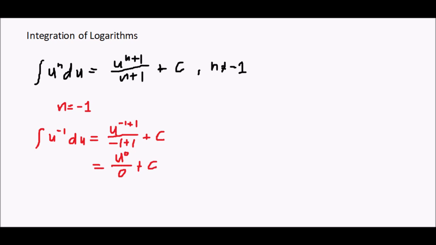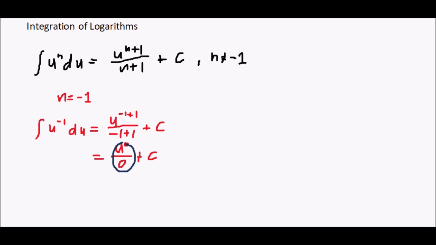So what will happen now to this expression, or to this function? That is a number over 0. So u to the power of 0 is equal to 1 over 0, and 1 over 0 is what?